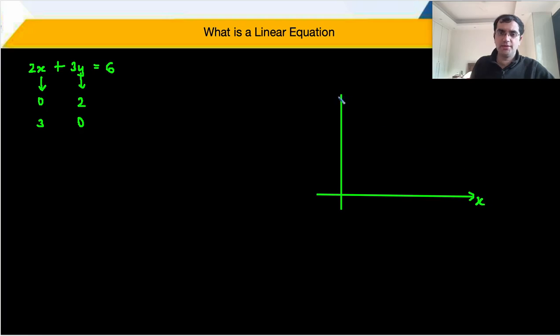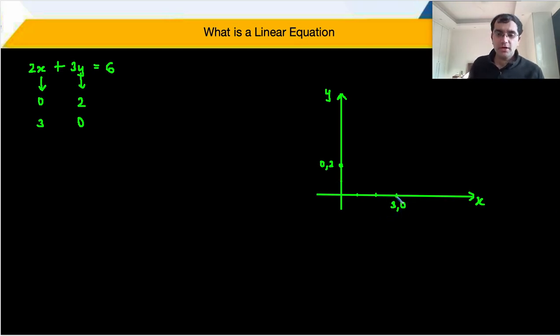X and y. Okay, and then x is 0, y is 2, so just approximately 0, 1, 2, some point over here. X is 0, y is 2. Okay, and x is 3, y is 0, so something like 1, 2, 3, 3, comma 0.